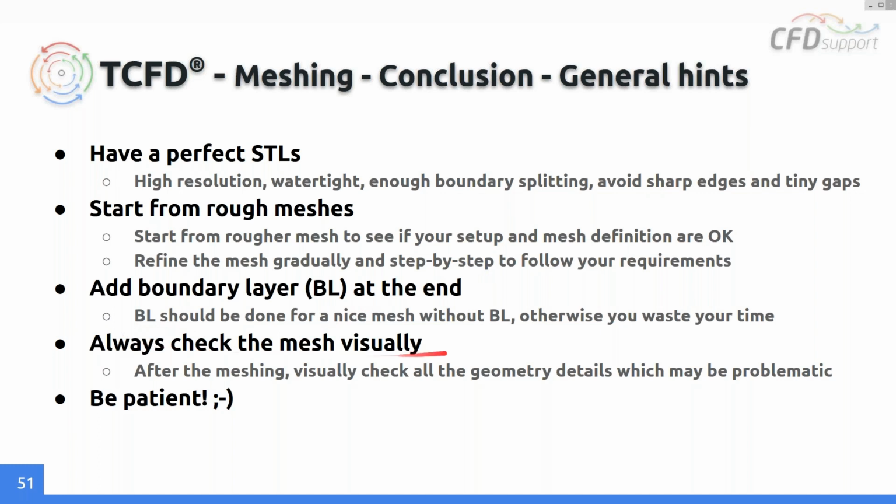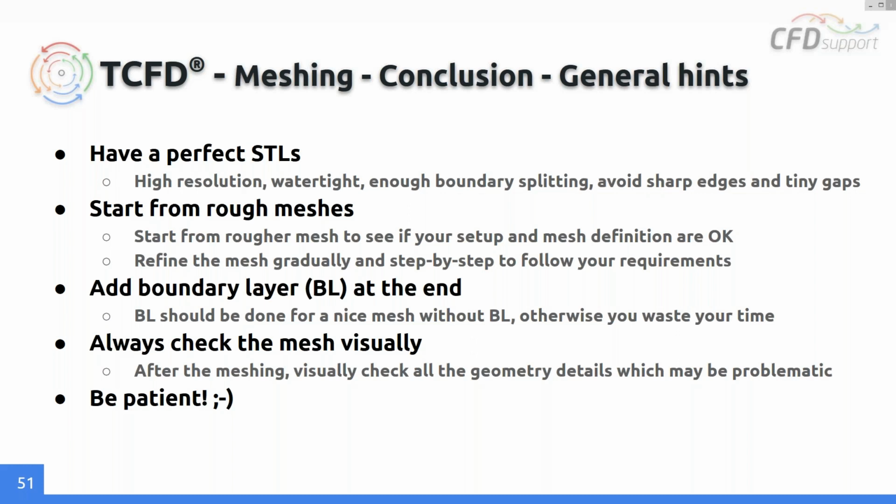And always check the mesh visually. After each meshing phase, visualize the mesh and follow the problematic parts, with sharp edges, parts with highly curved surfaces, and so on. At each step, follow these parts.